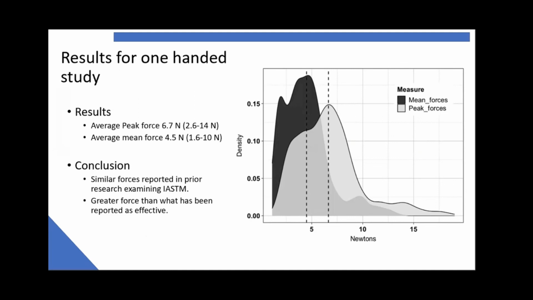The observed forces in our study were similar to those reported in previous literature, however, to the gastrocnemius of healthy individuals. However, we noticed that the force was greater than what had been reported as effective in rat models. One of the things that needs to be looked at is how rat models and the force applied to their muscles and fascia relates to human models.